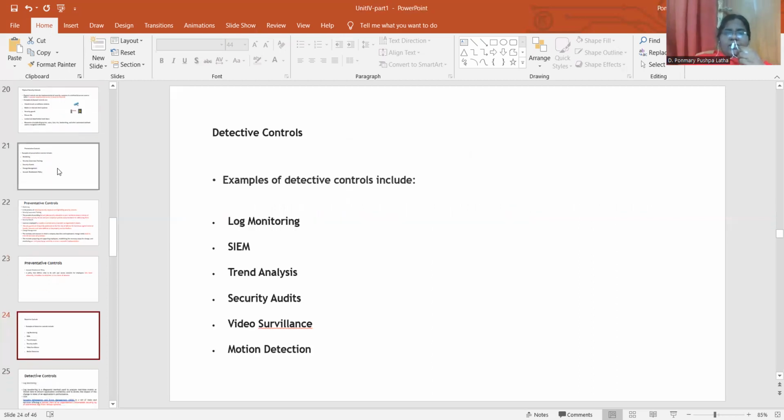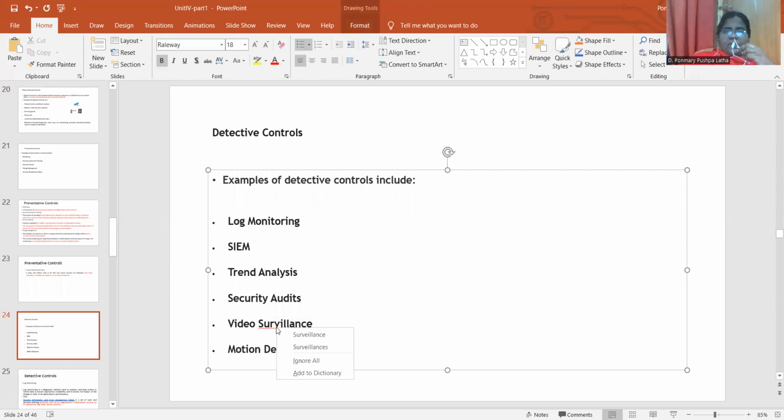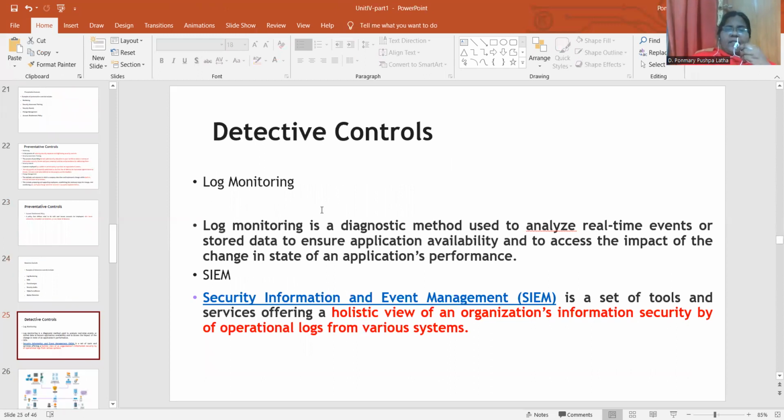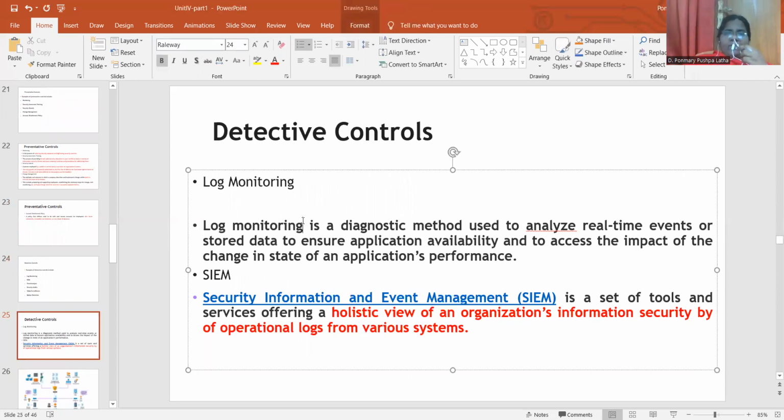The next one is detective controls. In this one, we have log monitoring, SIEM, trend analysis, security audits, video surveillance, and motion detection. One by one, we'll see them. In detective controls, we have log monitoring.